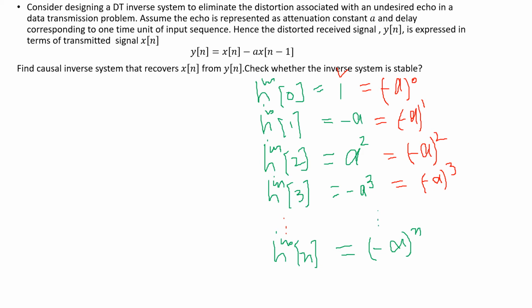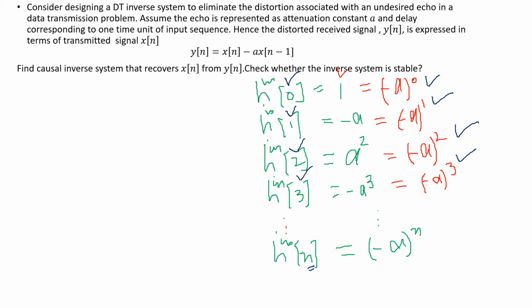Because you see, if n is 0, it's a power 0; n is 1, so minus a power 1; n is 2, minus a power 2; n is 3, minus a power 3. So that means if we have n, then it will be minus a power n.